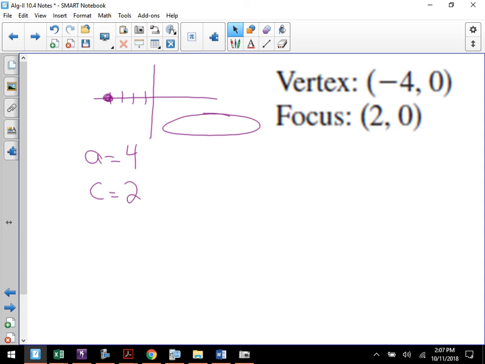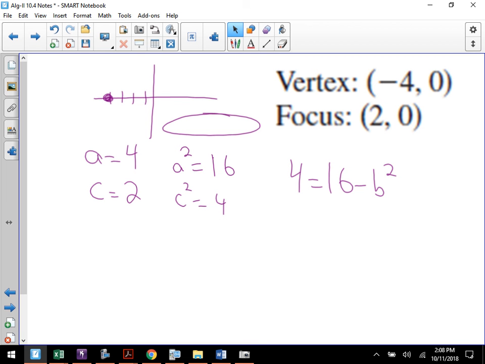So that means we have to worry about the A squares and B squares and C squares. If A is 4, what's A squared? Good. If C is 2, what's C squared? Now, with an ellipse, the value of C squared is found by taking A squared minus B squared. So 4 equals 16 minus what?